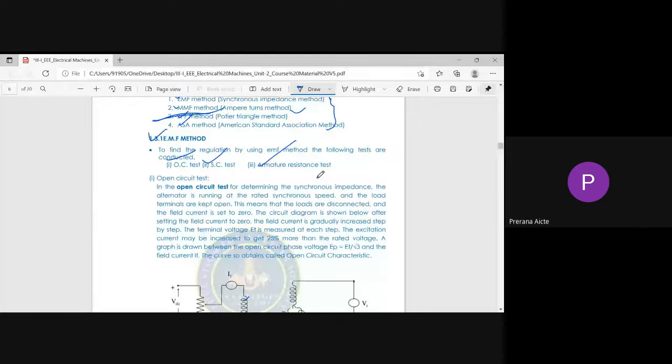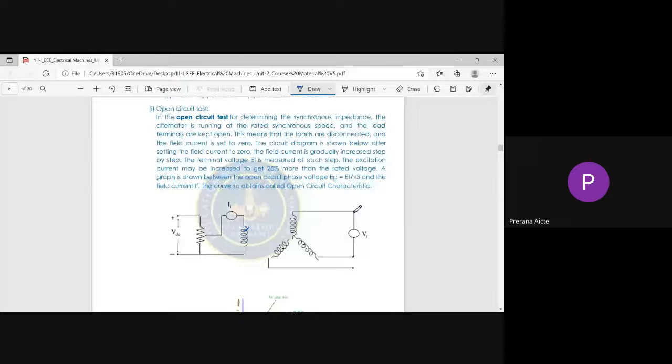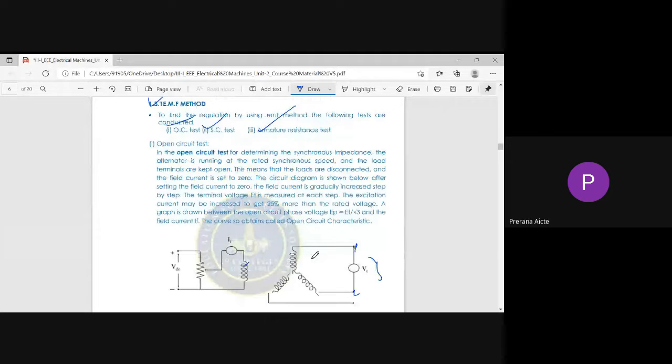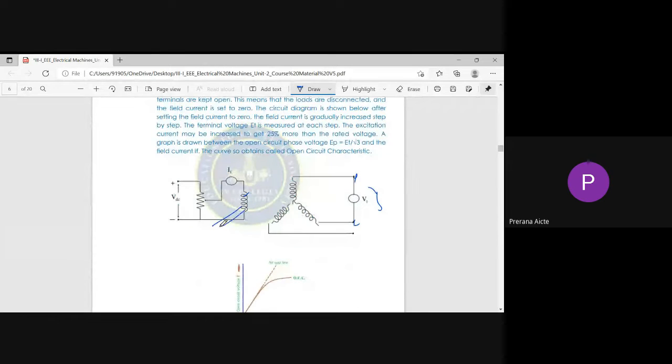Now, the open circuit test: here the armature terminals are open circuited with a voltmeter connected. We run the alternator with the prime mover input at rated speed, and then adjust the DC supply for the field winding.